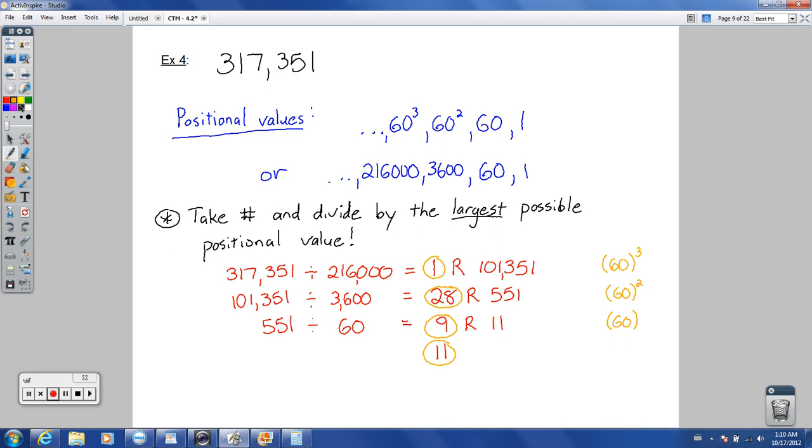So I'm going to now write down the Babylonian number. So there's one of these 60 cubed spots. So I have just one little golf tee there for my first positional value. Then a space, and then now my 60 squareds, that's going to be 28. So I got to draw 3 of these.